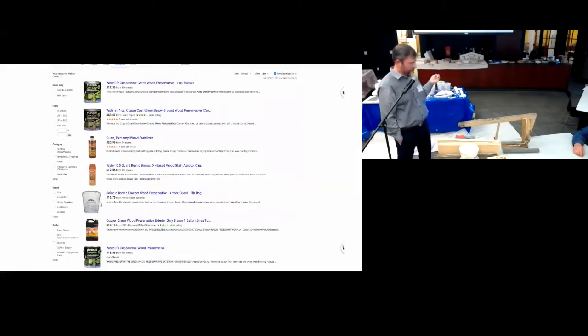Like I said, anything that has green or the word copper in it tends to be those ones that are used mostly for wood in contact with water all the time. Obviously can't be used on stain grade things either. It does stain the wood and turns it green. It's sort of the classic old green boards that you're used to seeing from the lumber yards.